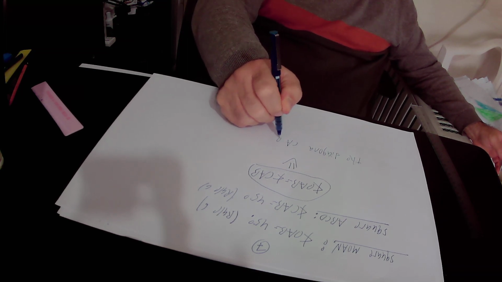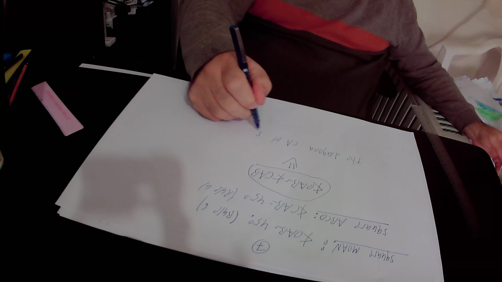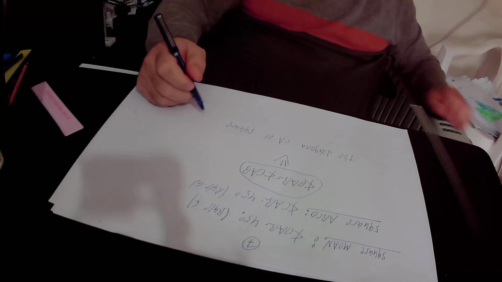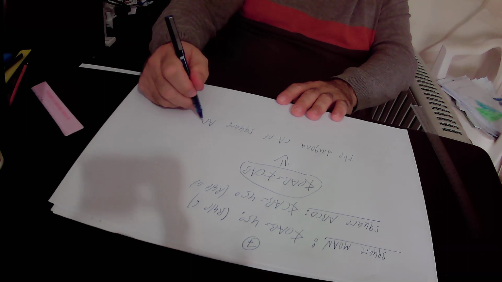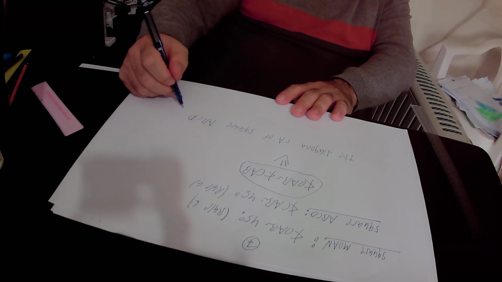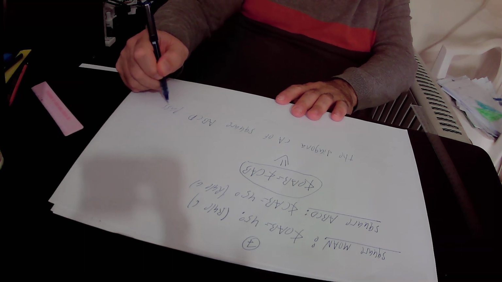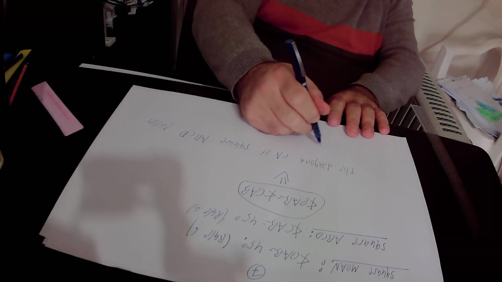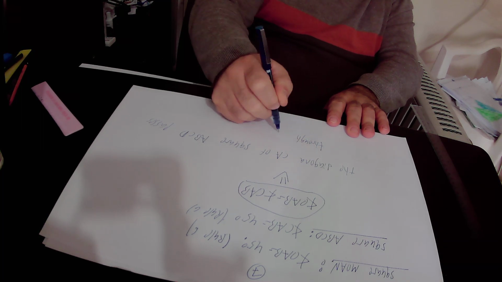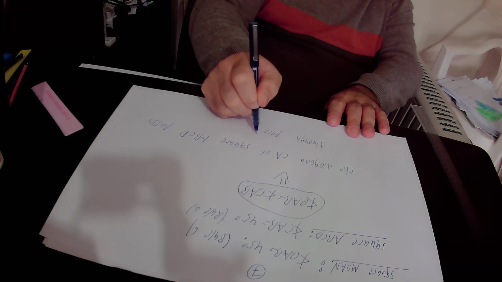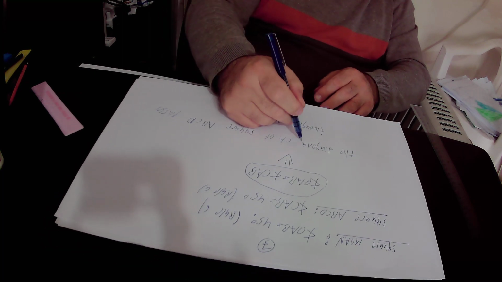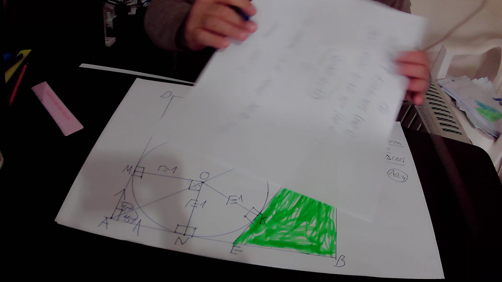So our conclusion from this equality is that the diagonal CA of square ABCD passes through point O. I'll read it again.